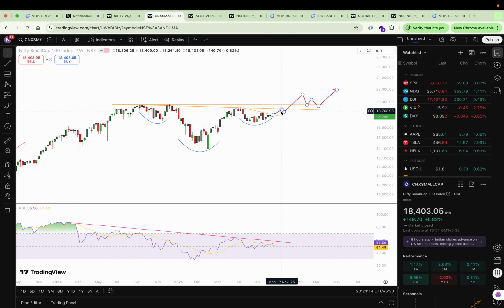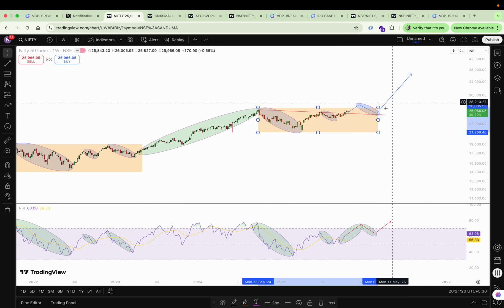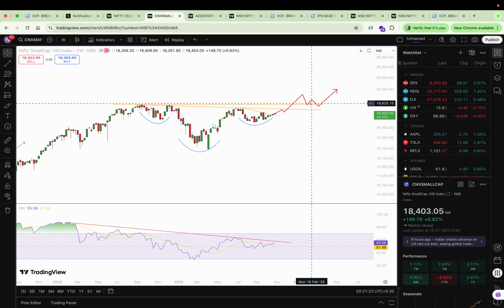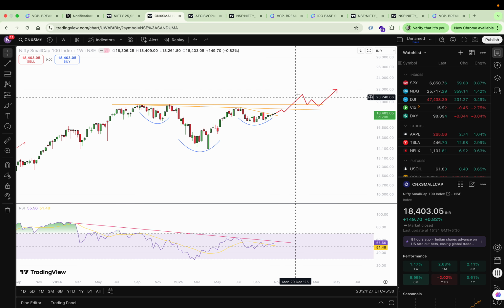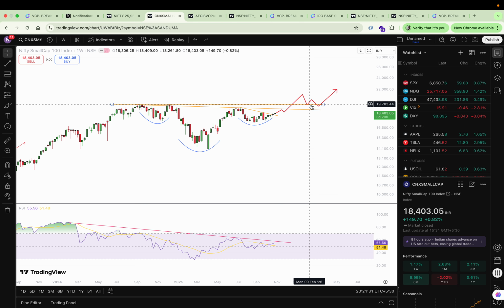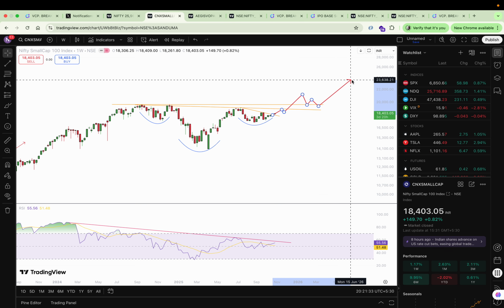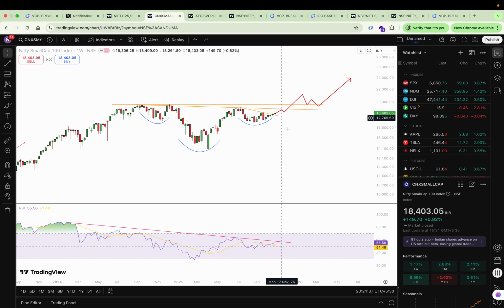This pattern is similar to what we discussed just now. There will be a breakout and retest and then an up move. Here also, what I'm expecting is that this current phase should end after the breakout, and then there will be a retest and then an up move, something like this. So this is about small caps.